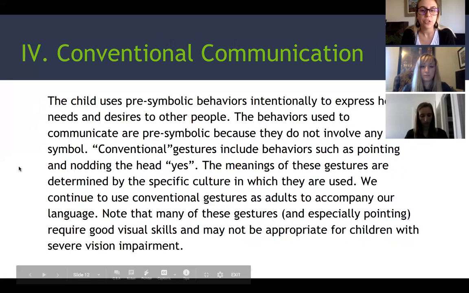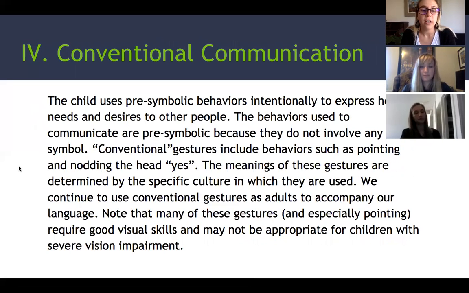So the next is conventional communication. The child uses pre-symbolic behaviors intentionally to express their needs and desires to other people. Behaviors used to communicate are pre-symbolic because they do not involve any sort of symbol. So these are behaviors such as pointing and nodding yes. These are conventional gestures, meaning that they're pretty much easily understood by others.